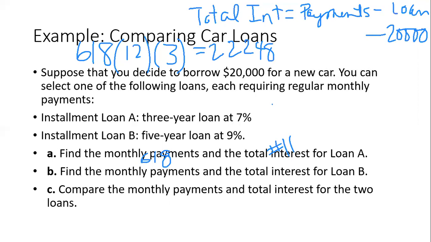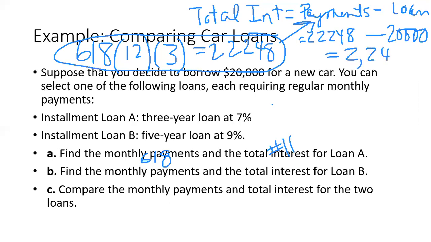So this is the payments amount. So 22,248 minus the 20,000 is $2,248.